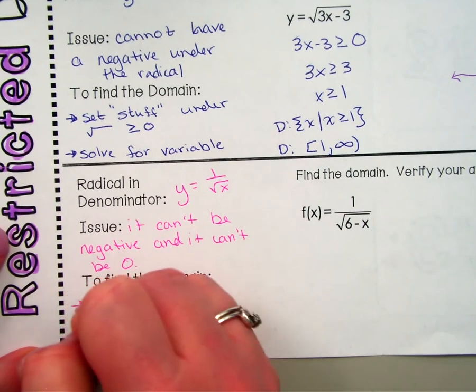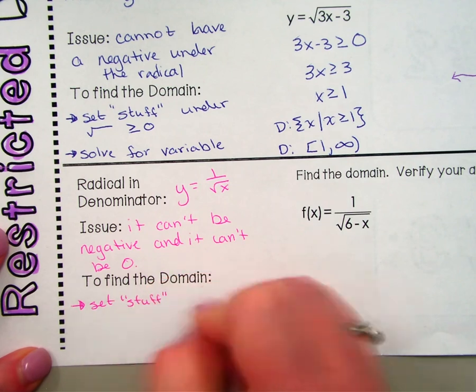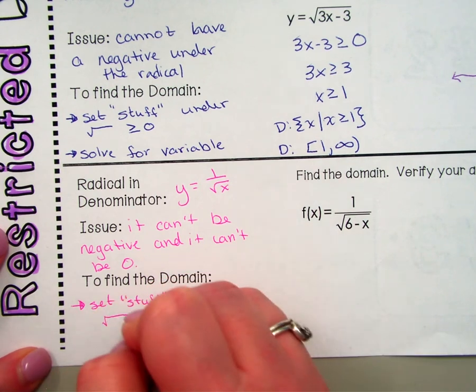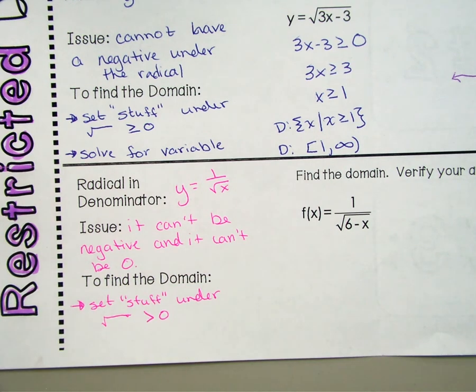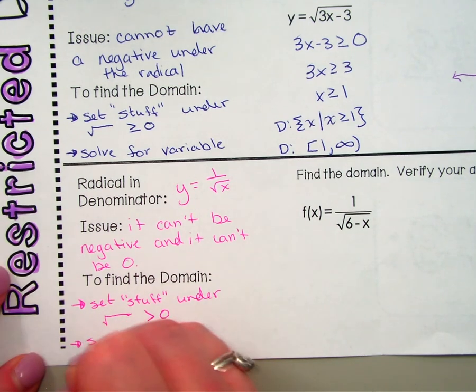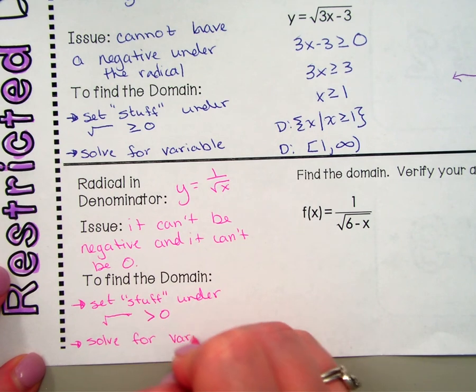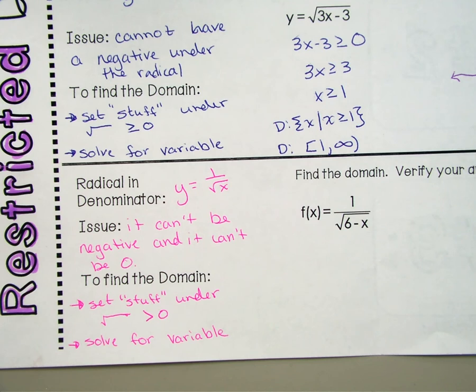So what we do is, again, we set the stuff, so to speak, under the radical sign greater than 0. We take out the or equal to this time because it's in the denominator of a fraction. We can't have it. And then we solve for the variable. So set the stuff under the radical greater than 0, solve for the variable.